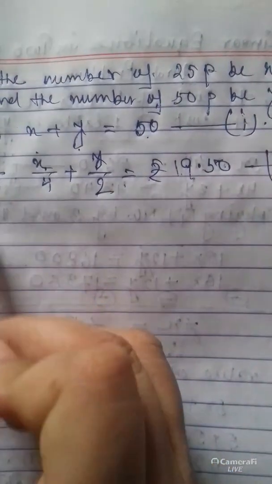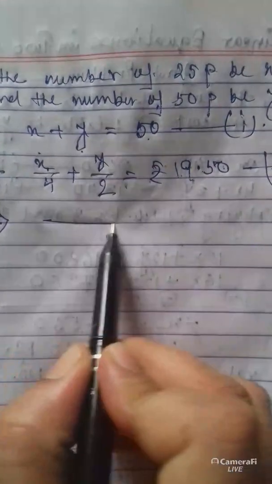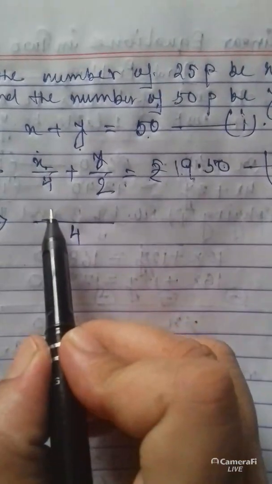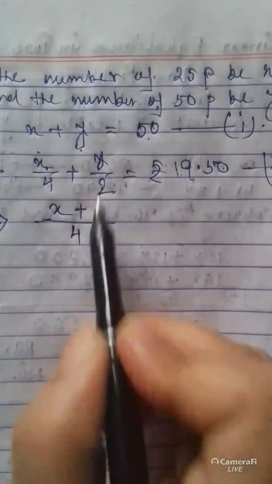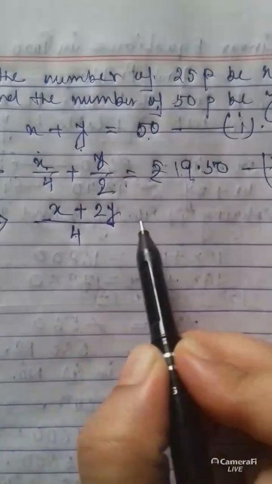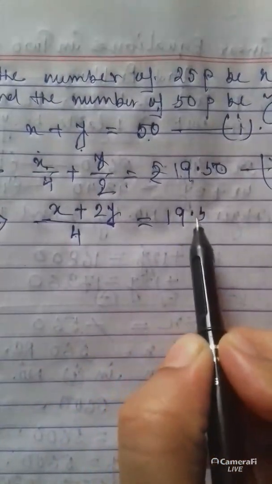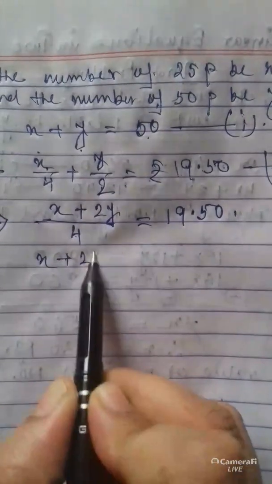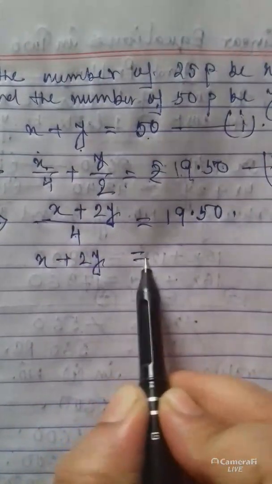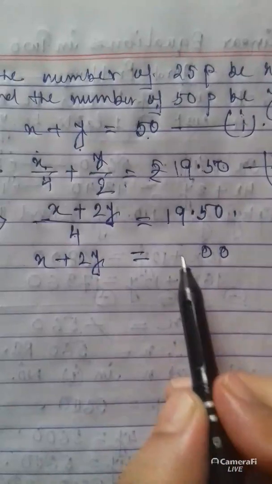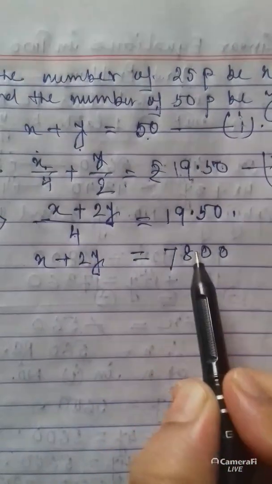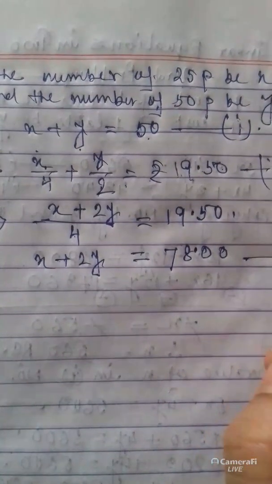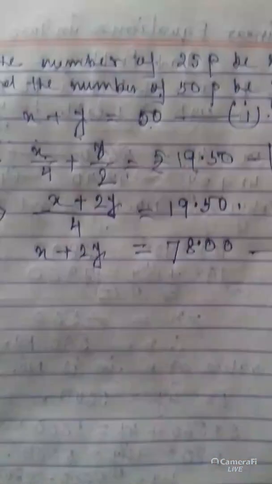Now simplify the second equation. The LCM of 4 and 2 is 4. So x plus 2y equals 19.50 times 4, that is 78.00.